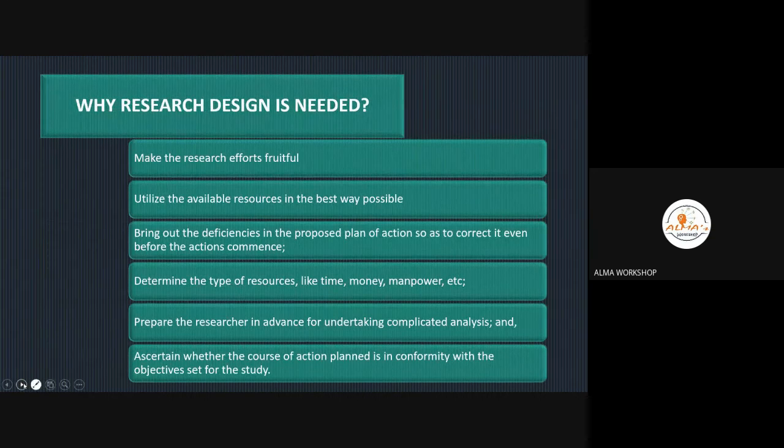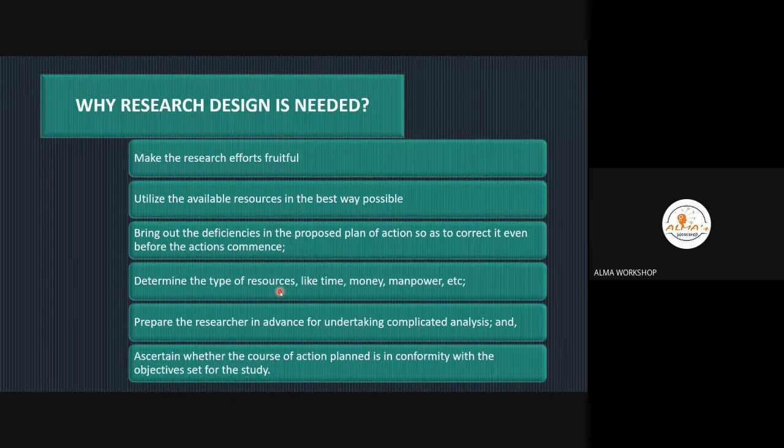Why you need a research design? You want the research to be fruitful, you want to make use of all the resources available, you want to bring out the deficiencies. In between, distractions happen, you don't want all those to happen. That is why you have a proposed plan of action. You determine the type of resources.